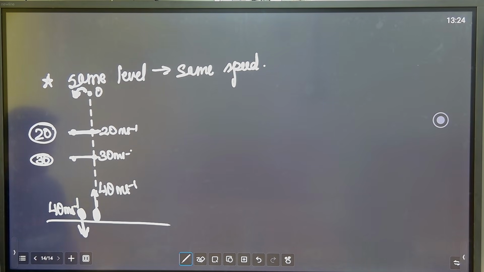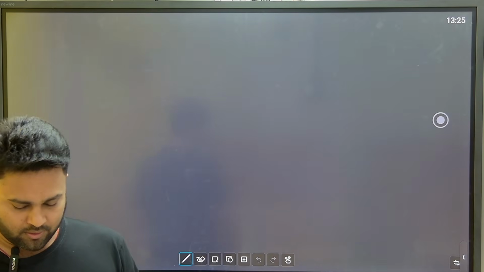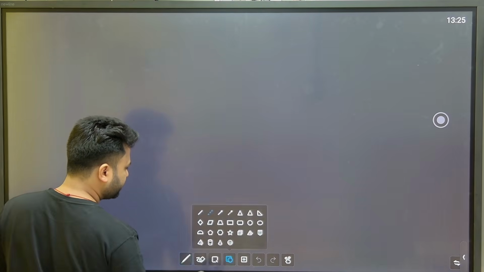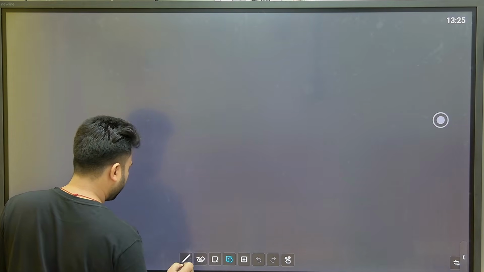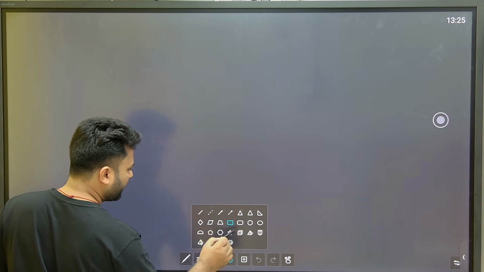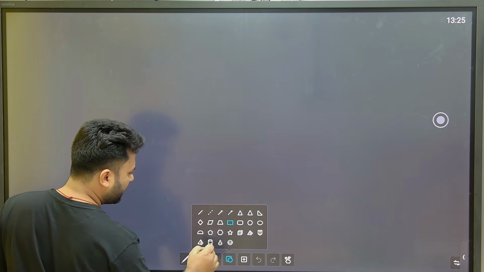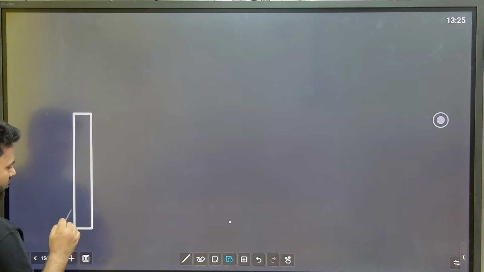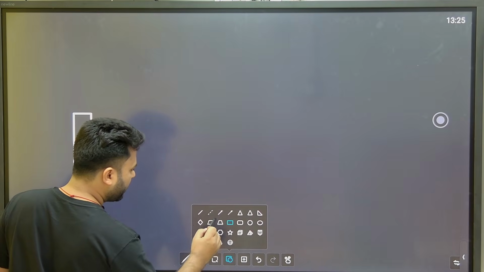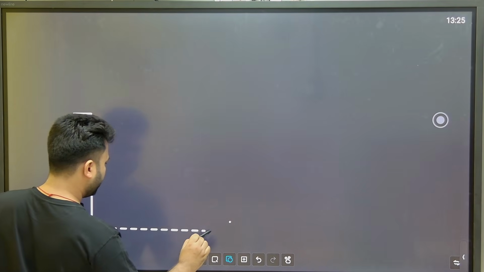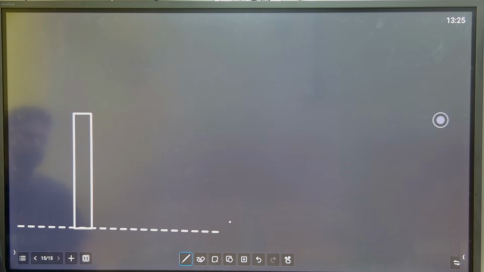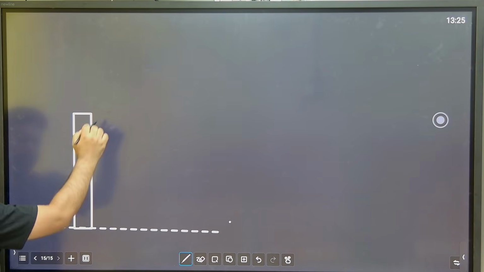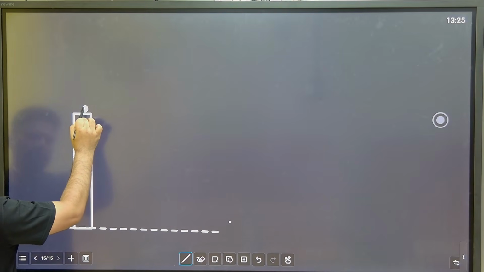Suppose, for example, one question I will take. There is a building and you are playing on the terrace of the building with a ball.